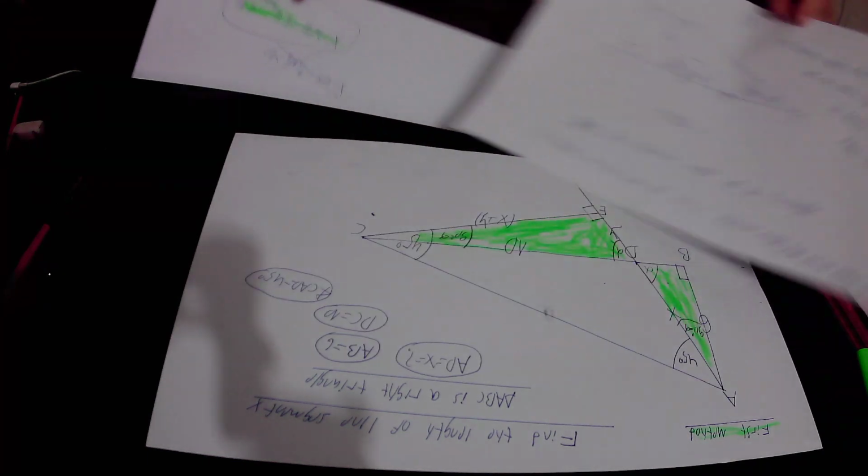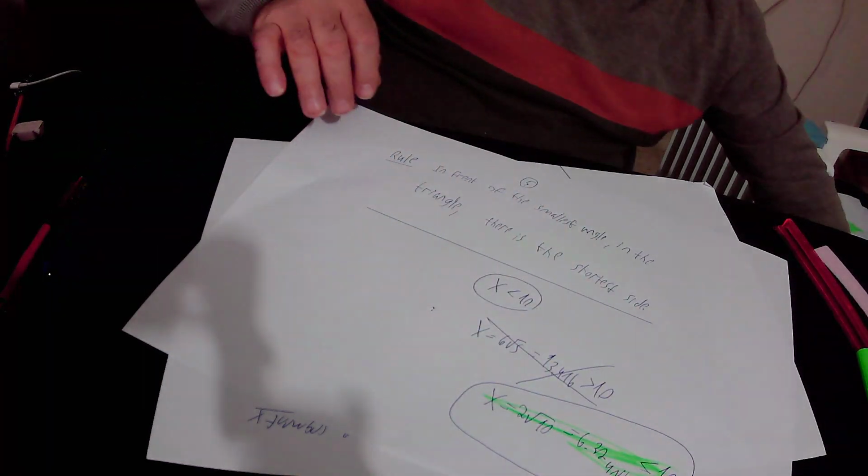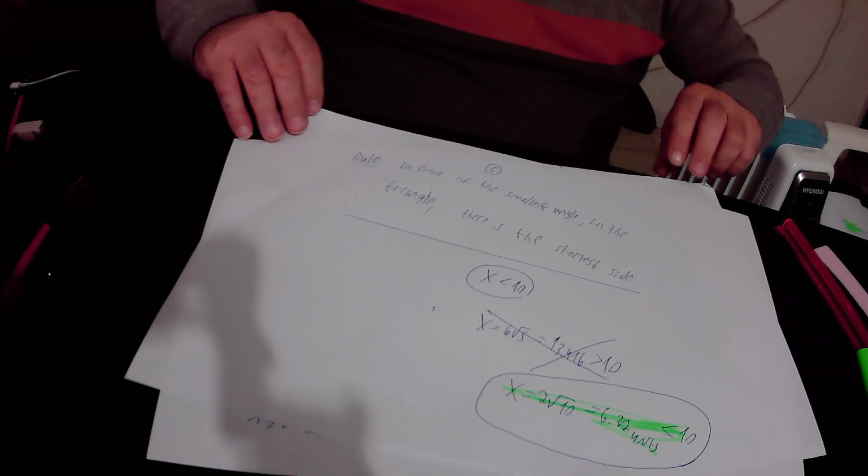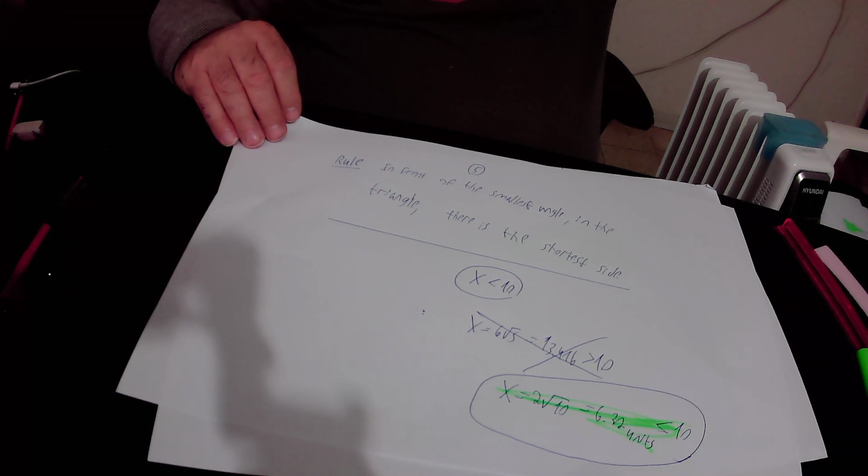And we have the rule that in front of the smallest angle in a triangle, there is the shortest side.